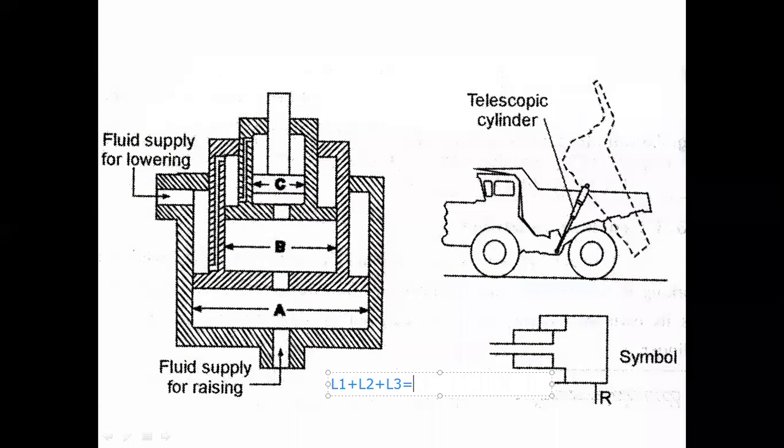In this way, we can place this cylinder in limited space but use it when we require a larger stroke length. It is compact in size, but after extension it becomes large. So this is your telescopic cylinder.